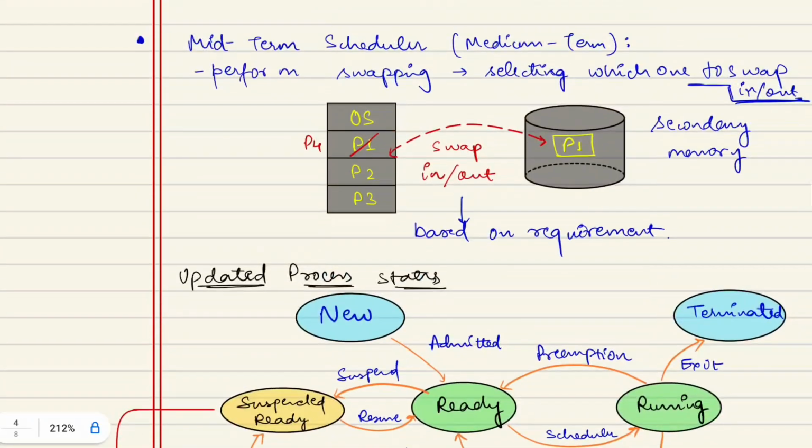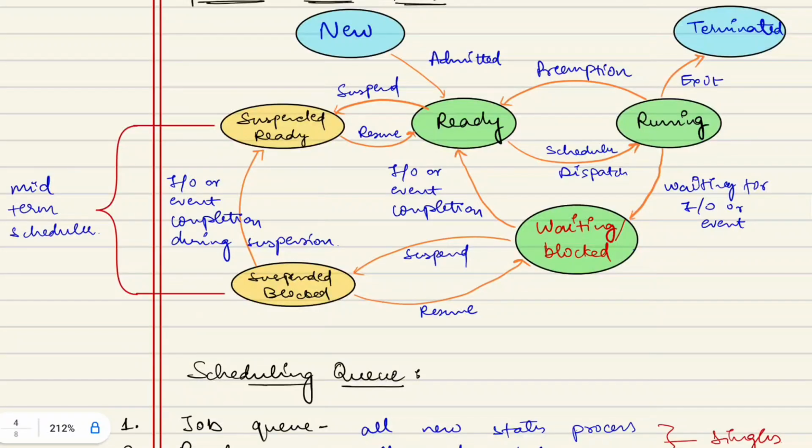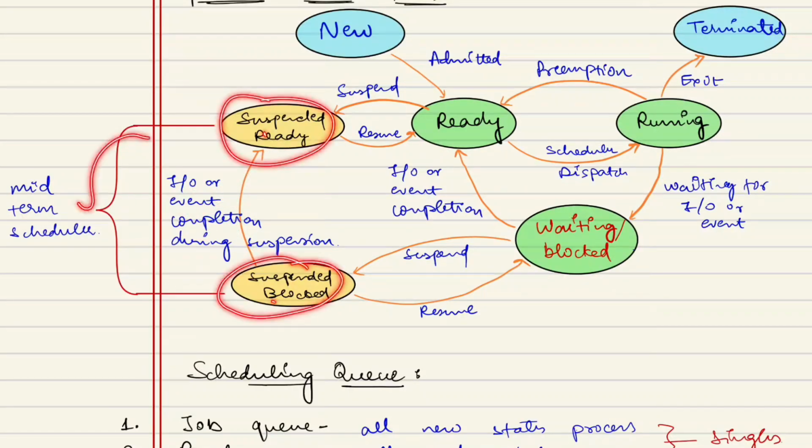But after the medium-term scheduler, we have two new states, suspended ready and suspended blocked. If a process in the waiting state is suspended, it goes to suspended blocked, and if it is resumed, it goes back to the waiting state. If a process in the ready state is suspended, it goes to the suspended ready state, and if it resumes, it goes back to the ready state. If IO completes while the process is suspended, it goes to the suspended ready state. These two states are handled by the mid-term scheduler.